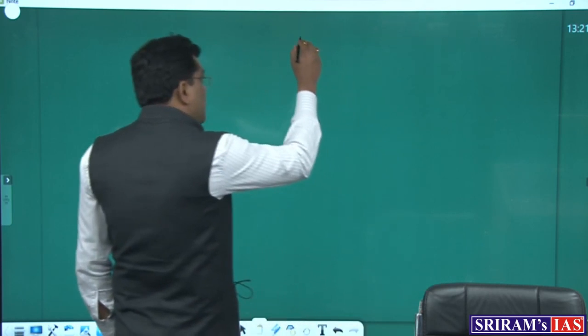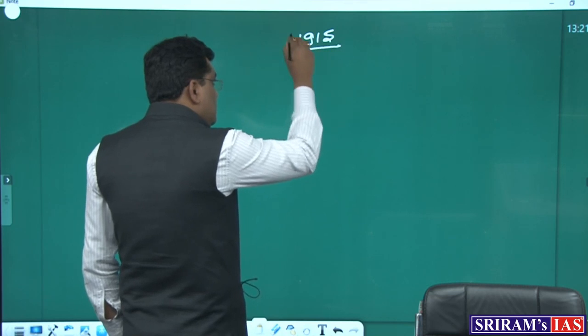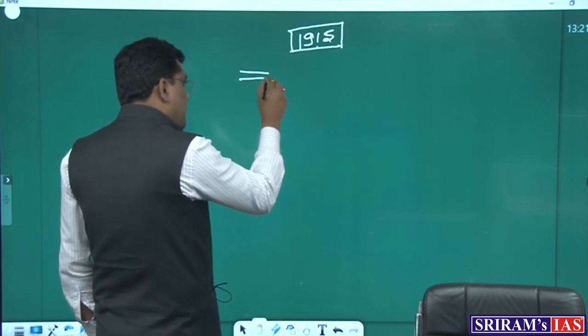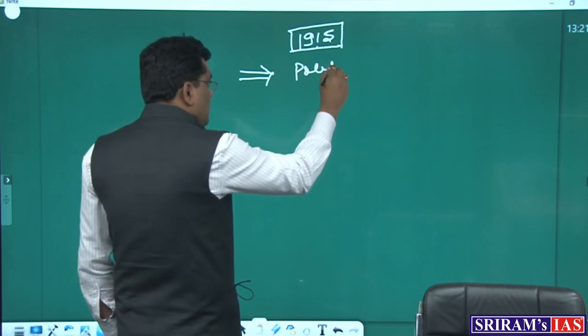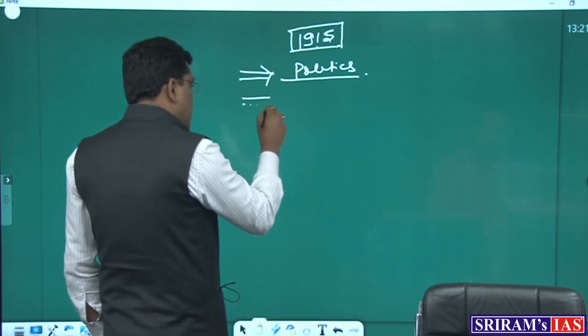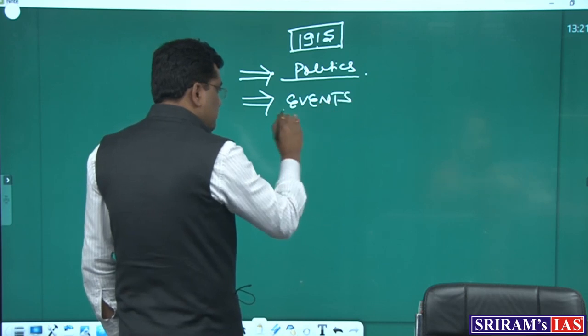and we start from the advent of Gandhi in 1915. Here you must understand how Gandhi started politics in India, and what were the events that inspired Gandhi to enter the political scenario of India.